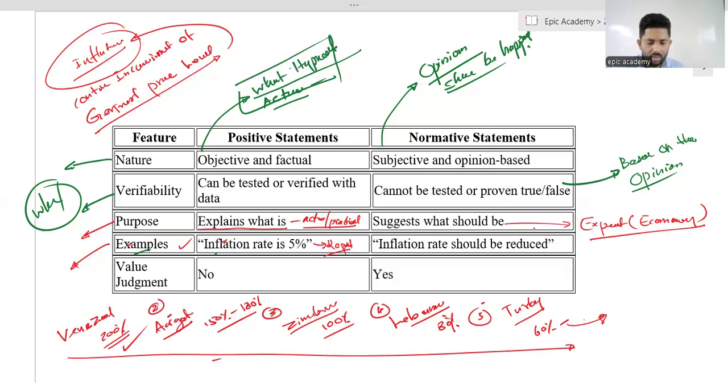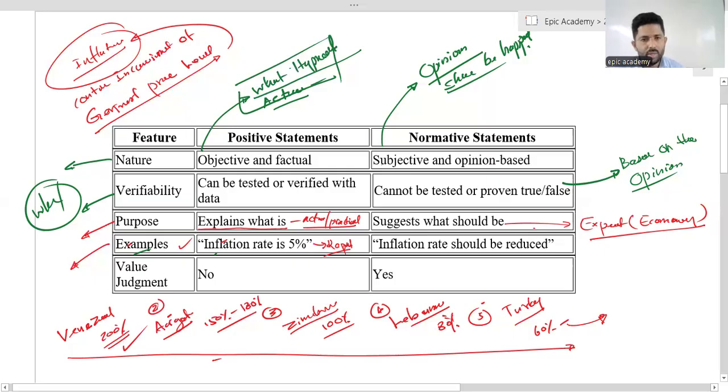Bahamas, Brunei, Panama, Senegal, Djibouti, Papua New Guinea, something like these countries represent lower inflation rates. So inflation always represents a continuous increase of the general price level in the country. General price level means the common price of each and every commodity exchanged in the country.